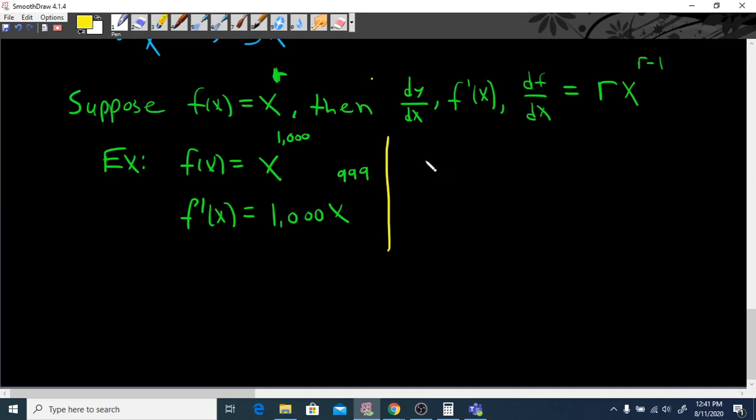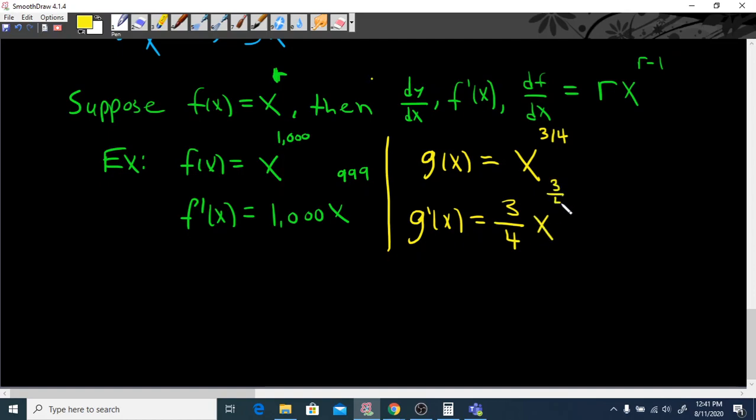So we have another function g. Let's say it's x to the 3/4. 3/4 is a real number, so there we go. With our power rule, we're going to take 3/4, bring it in front, and then we're going to subtract 1.